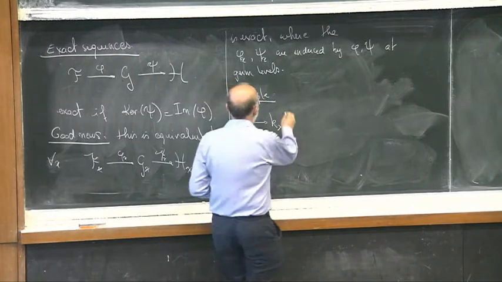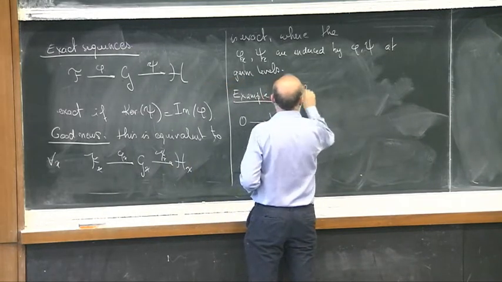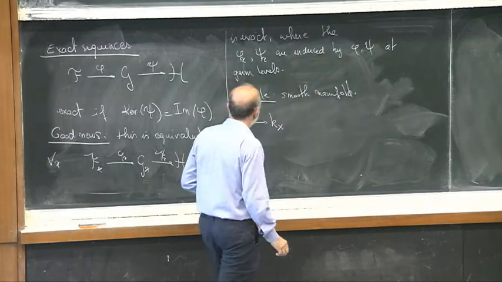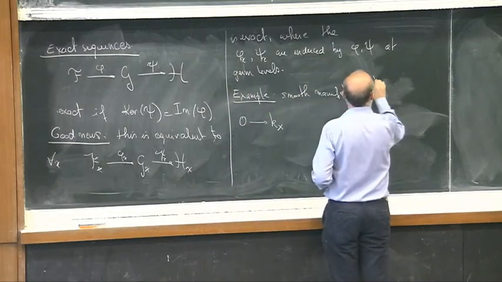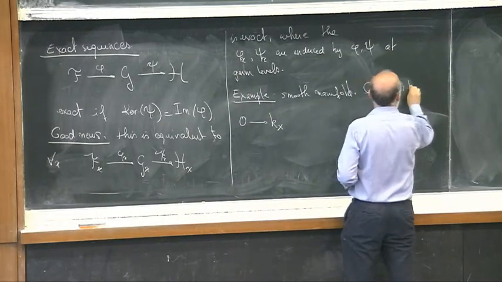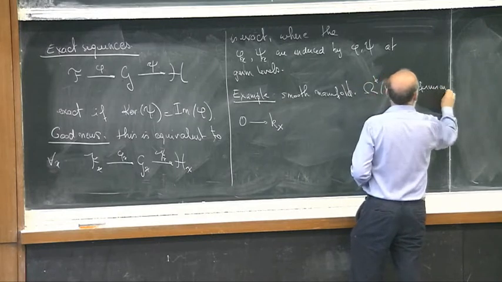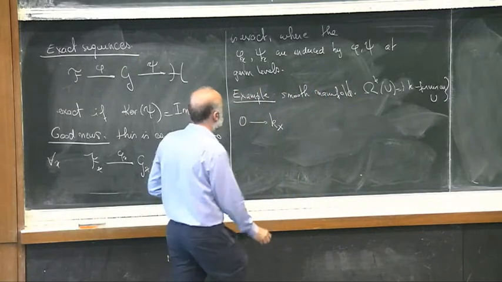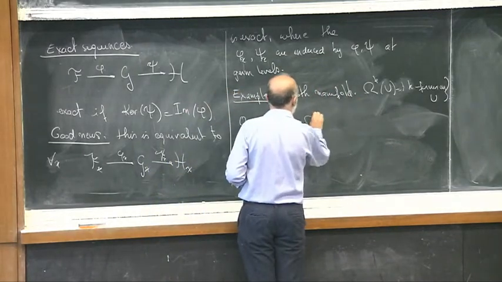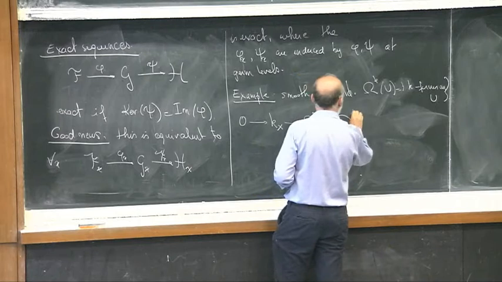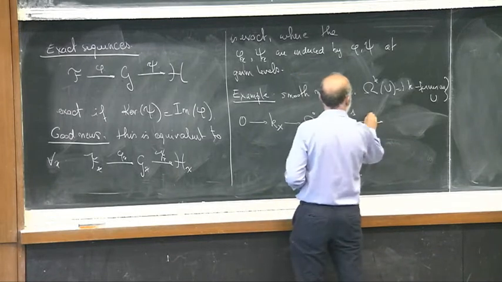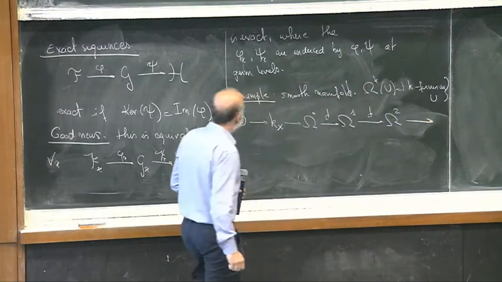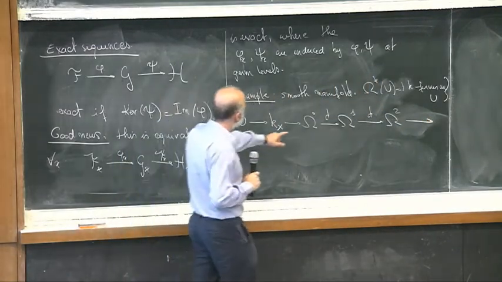I take a smooth manifold. Omega k of U is going to be the set of k-forms on U. So this is essentially the de Rham complex.